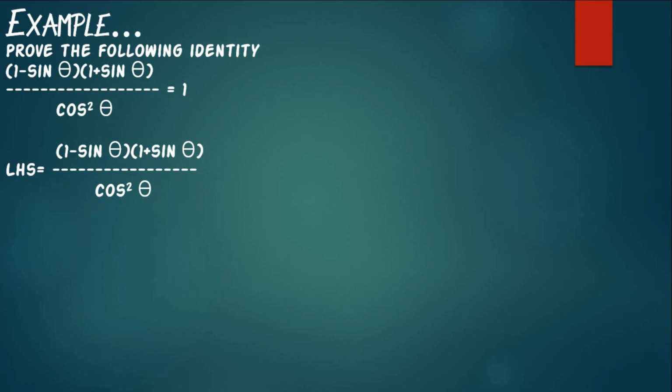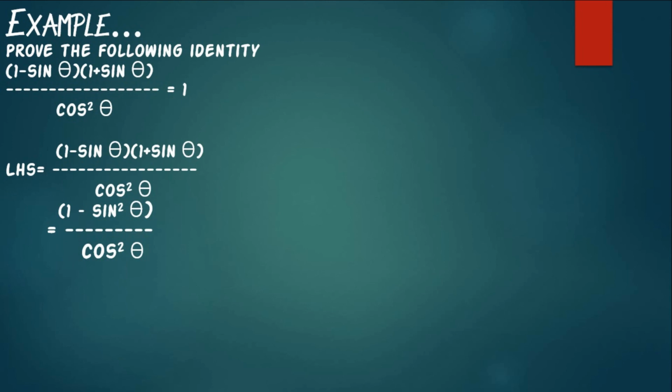If you check, 1 minus sine theta multiplied by 1 plus sine theta is the difference of two squares, so it is equal to 1 minus sine squared theta. I hope you know the difference of two squares from grade 9, if I'm not mistaken.